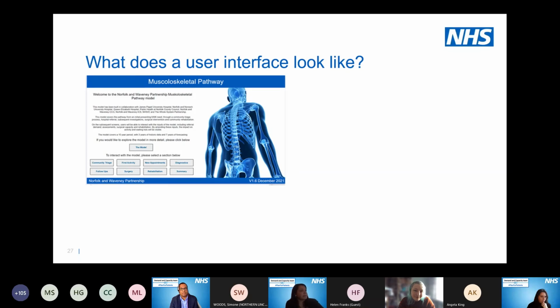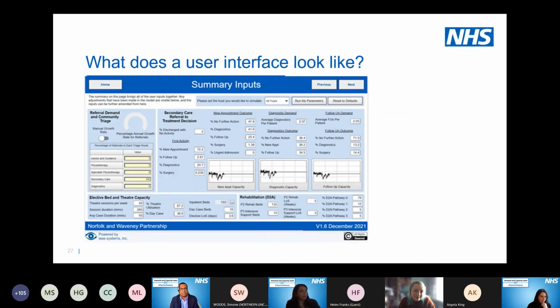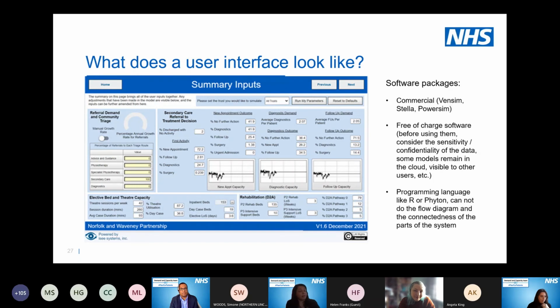But next slide, please. This is similar to what we have in our more operational tools, a dashboard, and these are the different variables you would like to test out using the model. So the user interface will allow you to make changes to those assumptions.